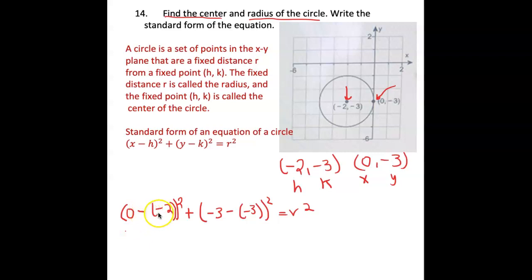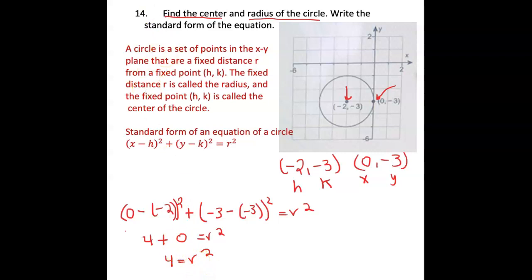Negative times negative is positive. 0 plus 2 is just 2. 2 squared is 4. Negative times negative is positive. Negative 3 plus 3 is 0. 0 squared is just 0, but I write it there. 4 plus 0 is just 4. I'm solving for r.